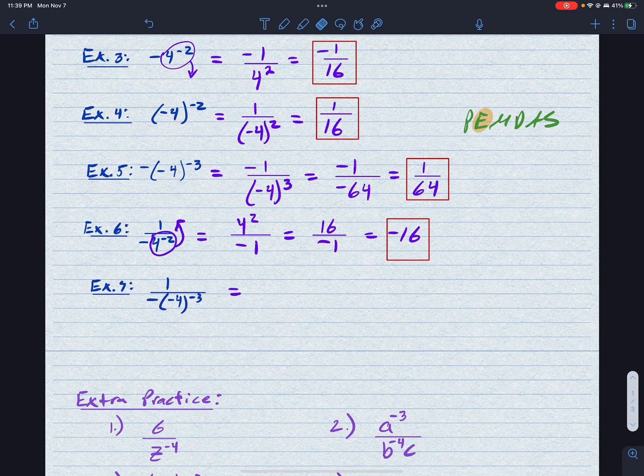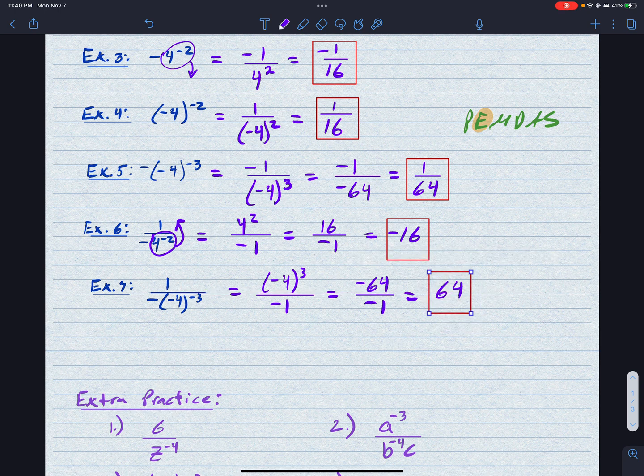We're going to take the reciprocal of just the negative 4. And so therefore, that's negative 4 to the positive 3. But we left this negative on the bottom. So there's still a negative 1 on the bottom. Negative 4 cubed is negative 64. It's all divided by negative 1. And negative 64 divided by negative 1 is positive 64.